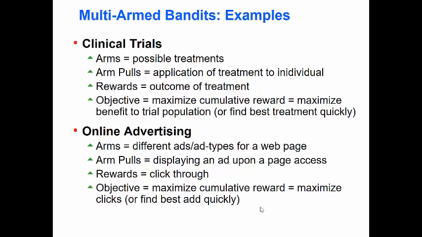When you pull an arm, it's basically you've got a user and you show them an ad, right? And then you get to see if they clicked on it or not. That's your feedback. And you're trying to maximize the number of clicks you get, the click-through rate. So this is a pretty straightforward formulation.